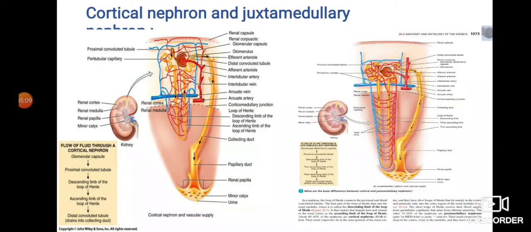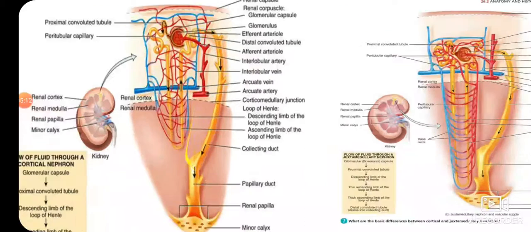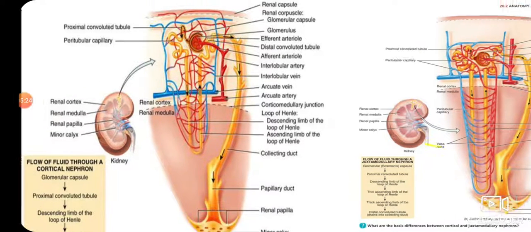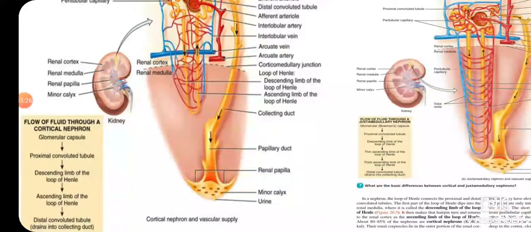Cortical nephron and juxtamedullary nephron. If we see diagrammatically, the cortical nephrons do not go much deeper, as the juxtamedullary nephron goes deeper into the renal medulla.